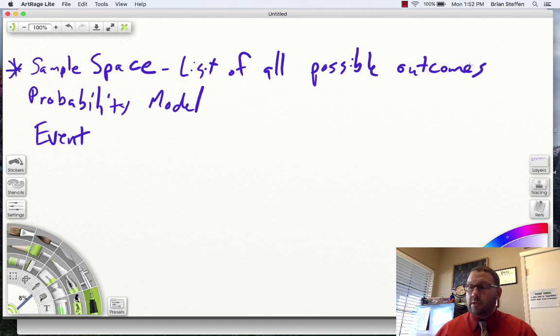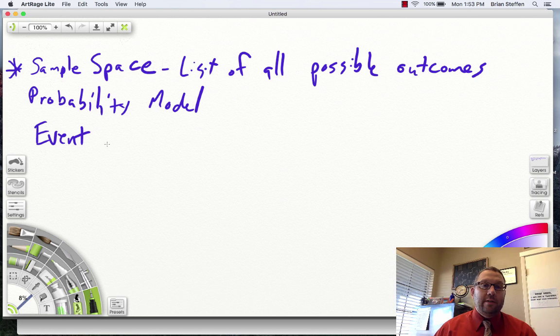Probability model is just another word out of the book I'm reading here. It says a probability model is a description of some chance process that consists of two parts: a sample space S and the probability of each outcome. We're going to develop a probability model in a second. And then the event.